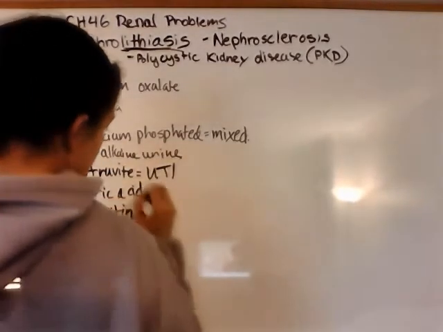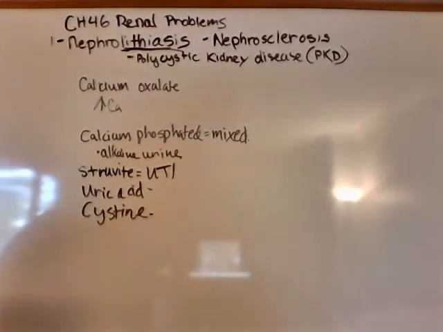I'm not going to get too deep into it, but calcium oxalate, that's going to come from that green roughage, the chocolate, things of that nature. You're going to see a high calcium level.